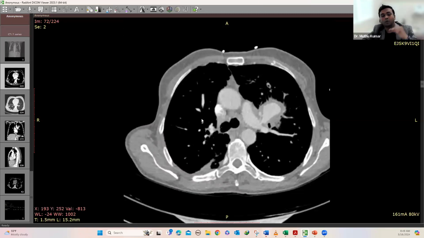When you have a patient of Middle Eastern descent with a history of recurrent pulmonary embolism and multiple aneurysms in the pulmonary arteries, always make this diagnosis of Behçet disease. It is also called vascular Behçet or Hughes-Stovin syndrome.